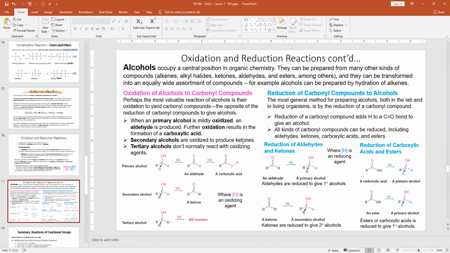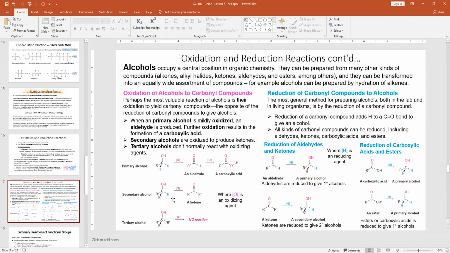And you can get primary alcohols in oxidation with the use of an oxidizing agent to produce an aldehyde and then further oxidize to a carboxylic acid. Or you could have your carboxylic acid reduced to a primary alcohol. You could have your primary alcohol oxidized to the aldehyde, or you could have your aldehyde reduced to a primary alcohol.